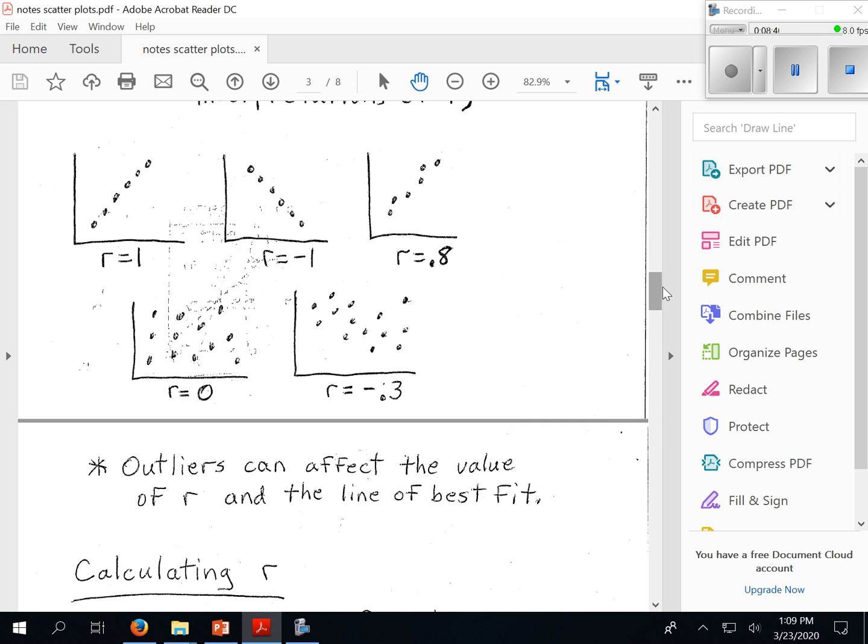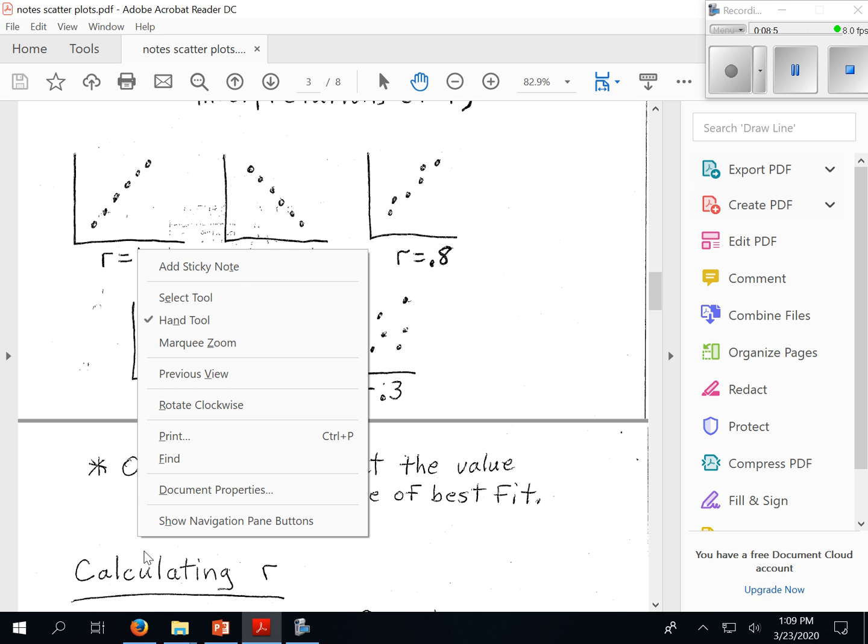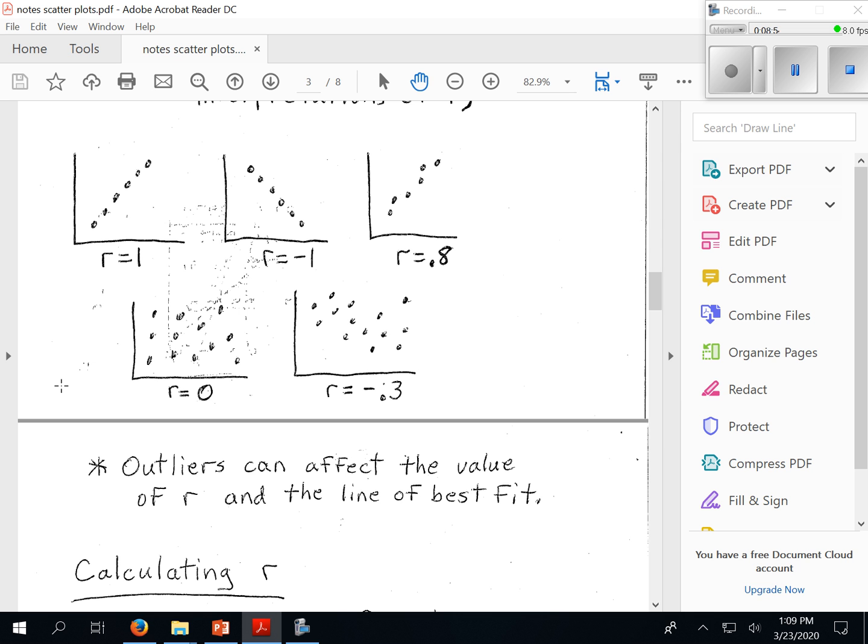And I just wanted to show these graphs here. So if you have a correlation where R equals 1, like the first graph here, that's called a perfect positive correlation. So if your correlation coefficient, again, we're going to talk about the correlation coefficient more later, but for now I'm just introducing these different kinds.